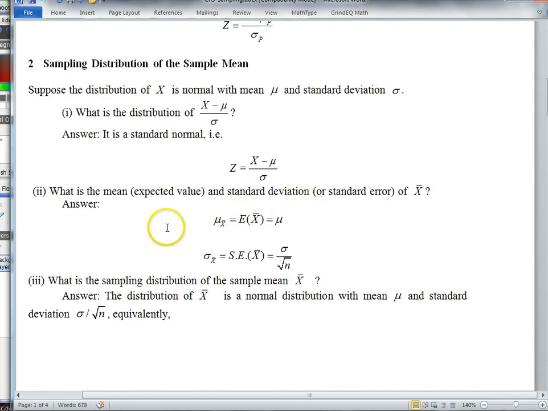And I know now, for any distribution, if I take x bar, if I take its expected value, or the mean of x bar, that's always going to be mu. So that's good. But x bar, if I take its standard deviation, that means the standard deviation of x bar is going to get smaller and smaller as n gets larger and larger, because it's going to be sigma over square root of n.